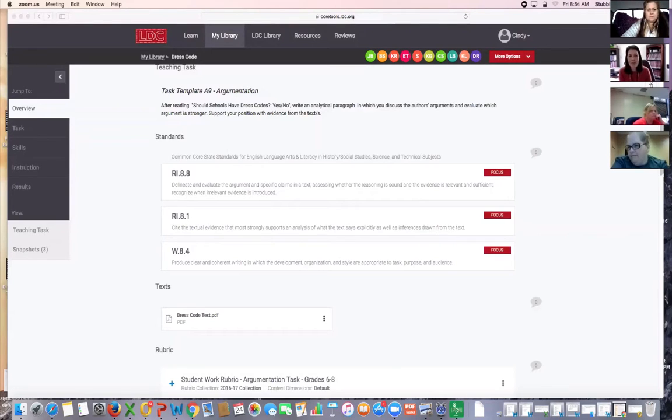And then with this article, just to point out, it is not uniforms, but dress code, so it's a little bit different approach. And basically the yes article talks about more the common sense, the practical reasons in having a dress code, where the no article is more tied to freedom of speech. And so it makes a good tie to our social studies with the freedom of speech connection.